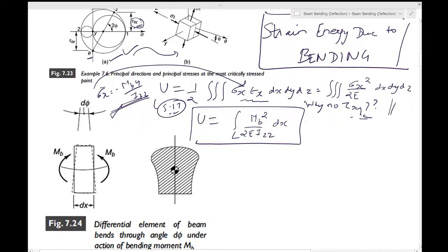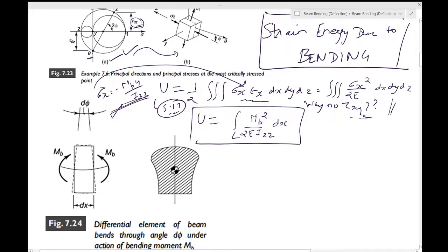Consider a length dx of this differential element, and it acts as a bending spring. If in figure 7.24 the final values of the bending moment and bending angle are Mb and d phi respectively, the work done during the loading process would grow.